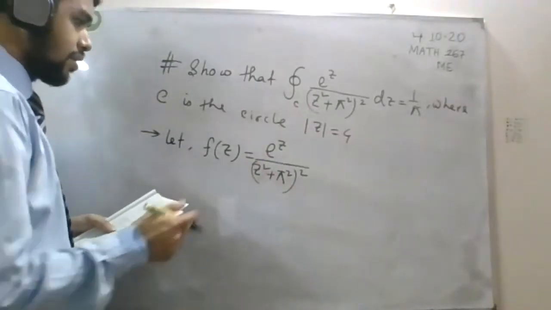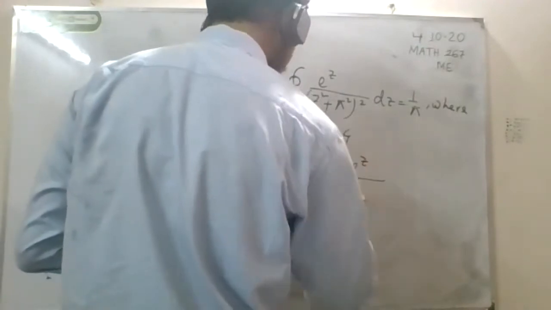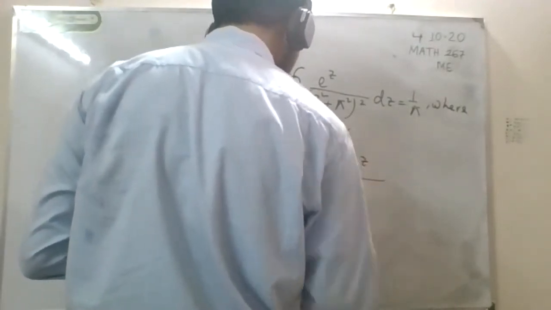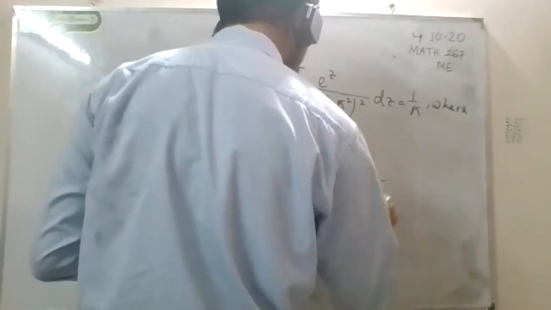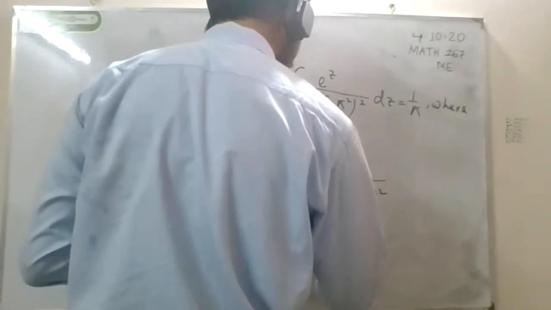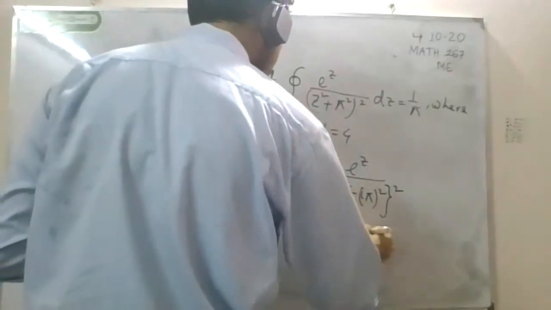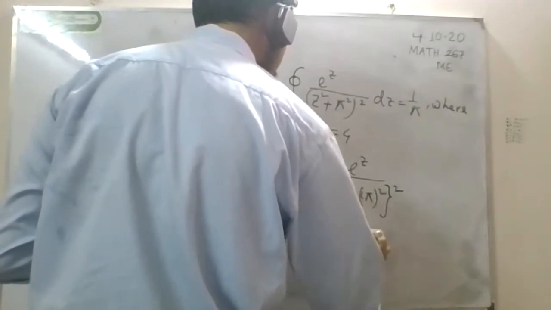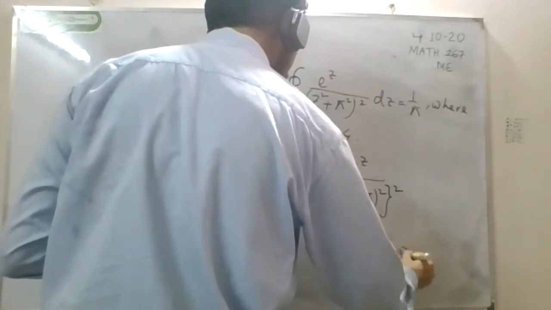So you can write this function in this way, which is (z square plus pi square) whole square, that is (z minus i pi) whole square and also (z plus i pi) whole square.